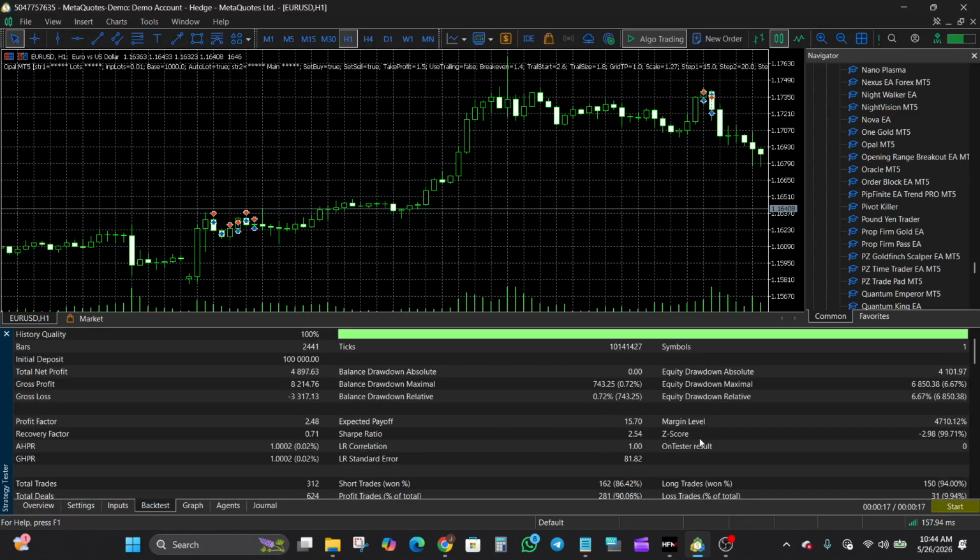All right, but remember that past performance does not guarantee future results. So overall, the Opal EA presents itself as a structured automated system with multiple built-in filters and a focus on risk-aware trading behavior. But as always, I'll recommend testing it over a longer period yourself and optimizing settings before considering any live deployment.